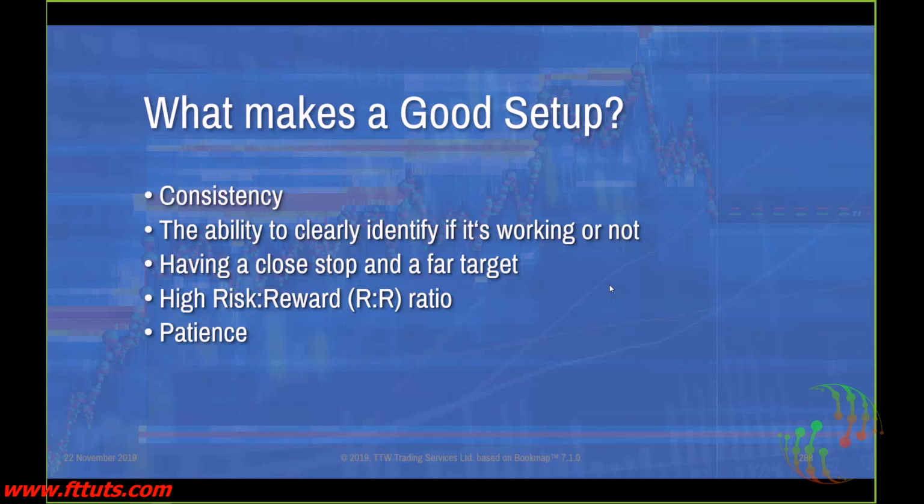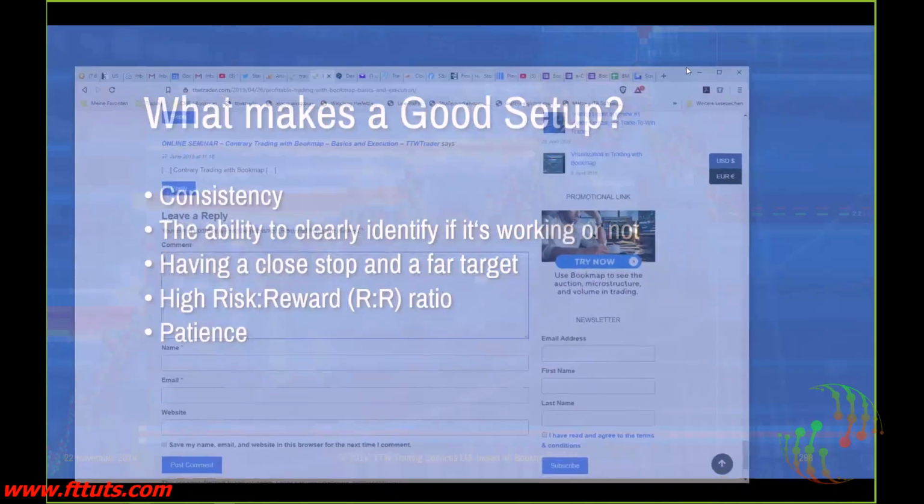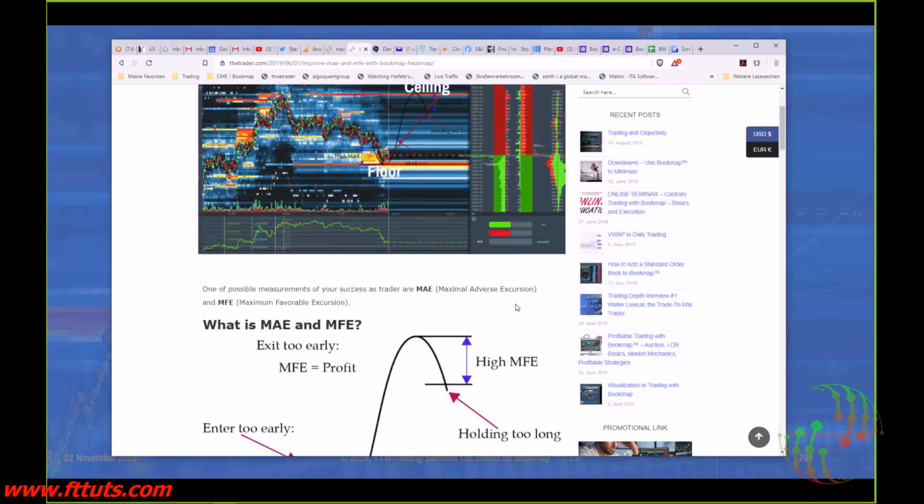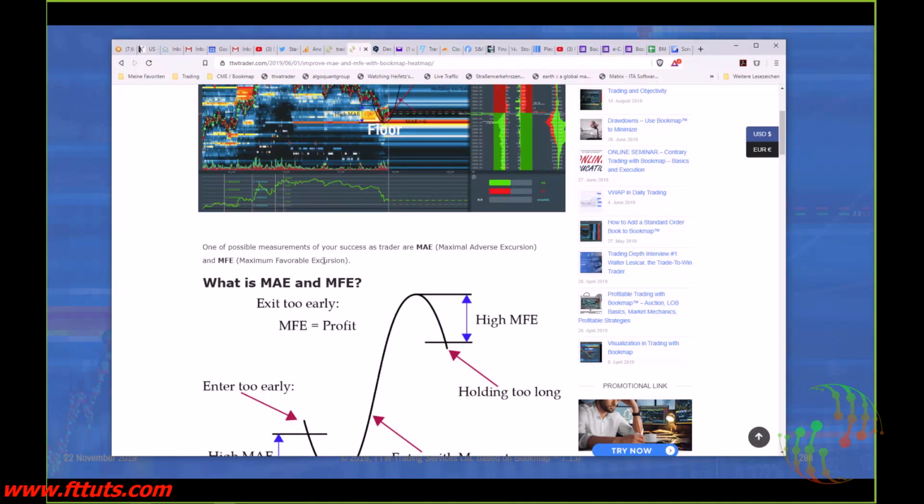Having a close stop and a far target, that's what I would like, or that's my goal, because if you are going to think about this MAE and MFE, it's an excellent measurement for successful trading.